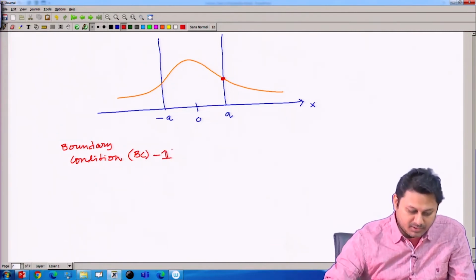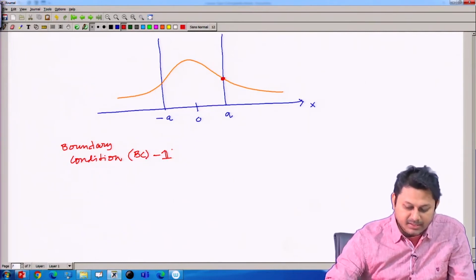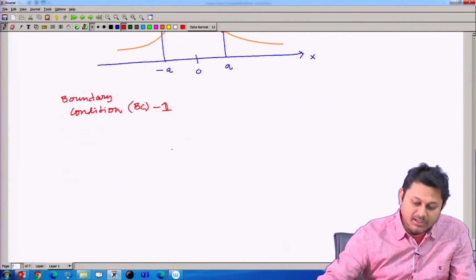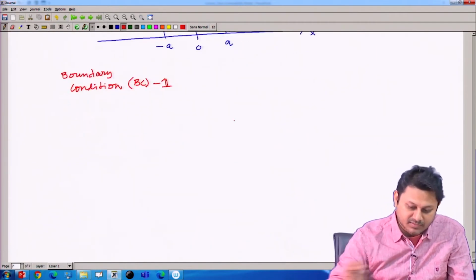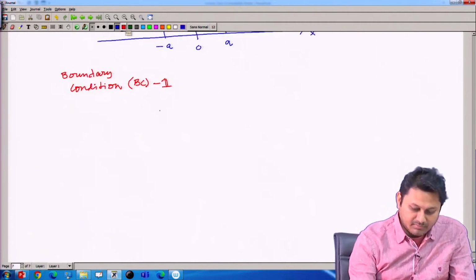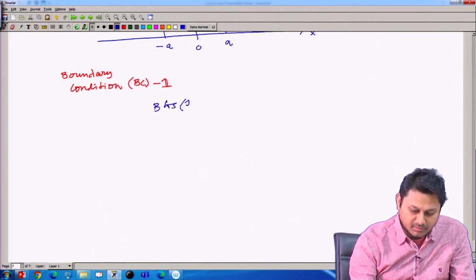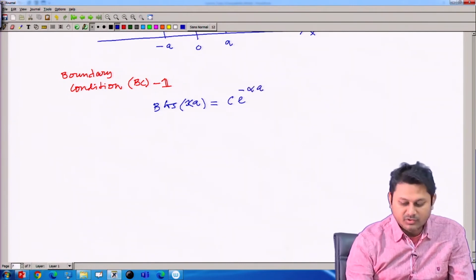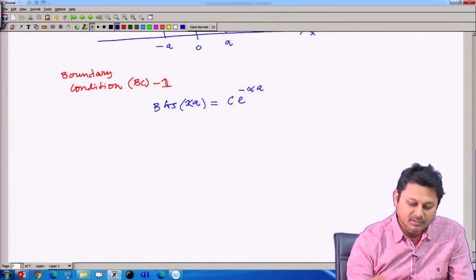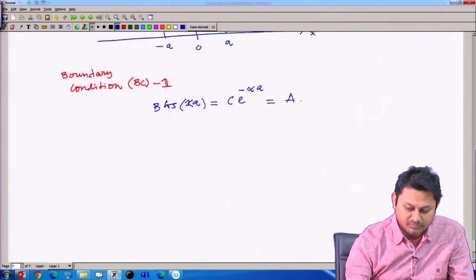The boundary condition 1 is simply the continuity condition, so B cos kappa A is equal to C e to the power of minus alpha A, and these two are constant, and this constant can be given a new name, say A0.